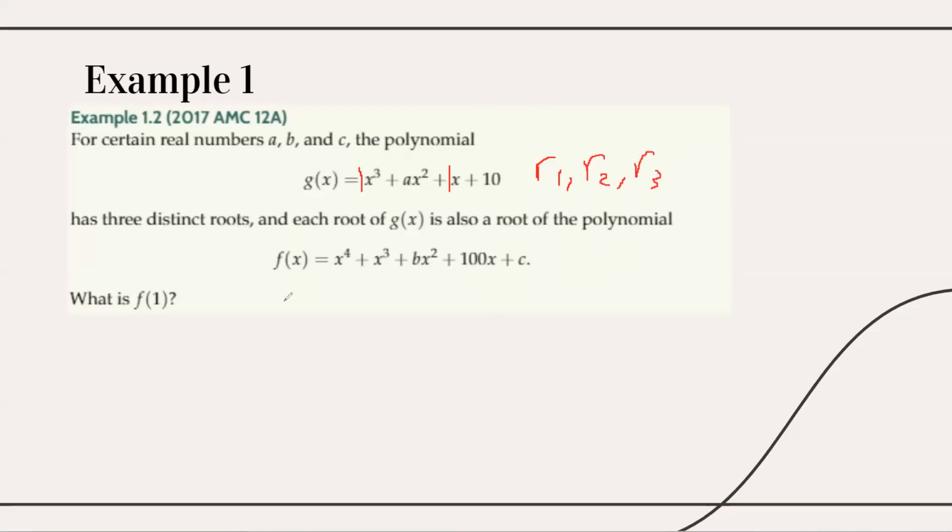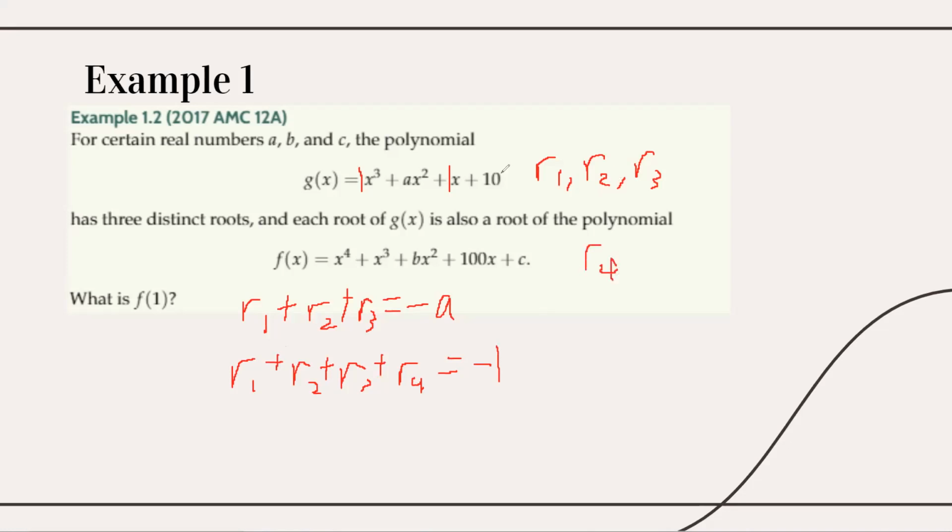And then Vieta's will basically give us that R1 plus R2 plus R3 is going to be equal to negative a. And then R1 plus R2 plus R3 plus R4 is equal to -1, where R4 is the fourth root of f of x, right?